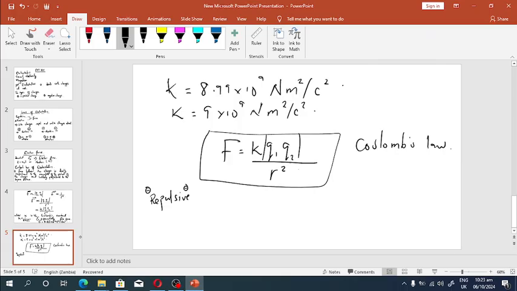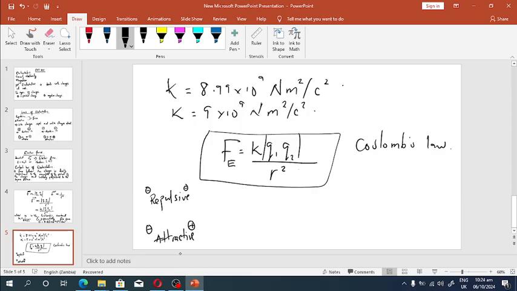If we have two charges with different signs, for example one positive and one negative, we have an attractive force.